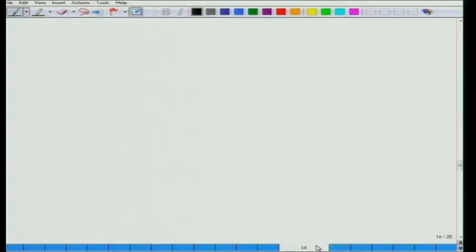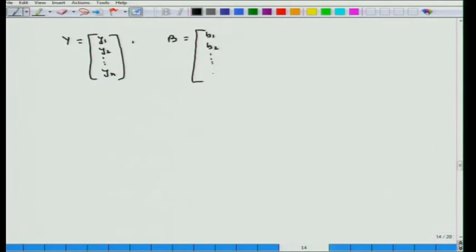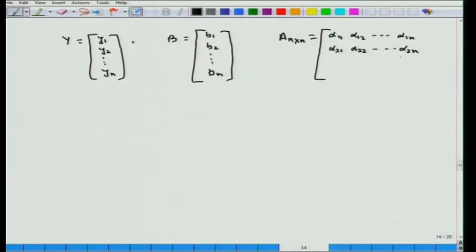If we introduce the notation, capital Y is equal to the column y_1, y_2 up to y_n, then capital B is equal to the column matrix b_1, b_2 up to b_n, and capital A, which is an n cross n matrix, stands for alpha_11, alpha_12 up to alpha_1n, in this way alpha_21, alpha_22 up to alpha_2n, finally alpha_n1, alpha_n2 up to alpha_nn.